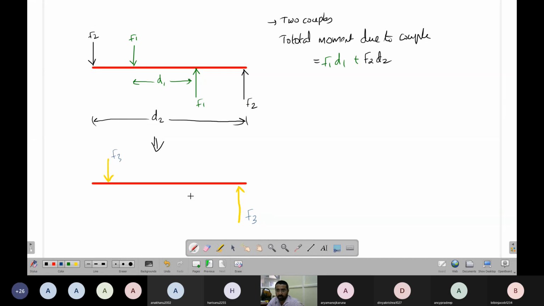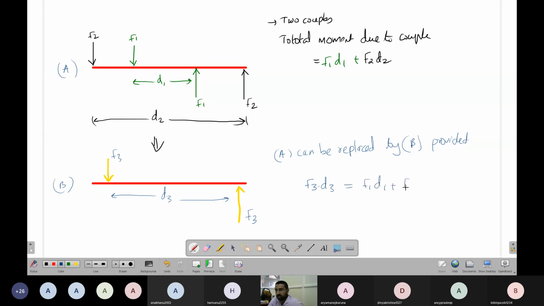With forces F3 and distance D3. I'll call the first arrangement A and this one B. A can be replaced by B, provided that F3 into D3 equals F1 D1 plus F2 D2.